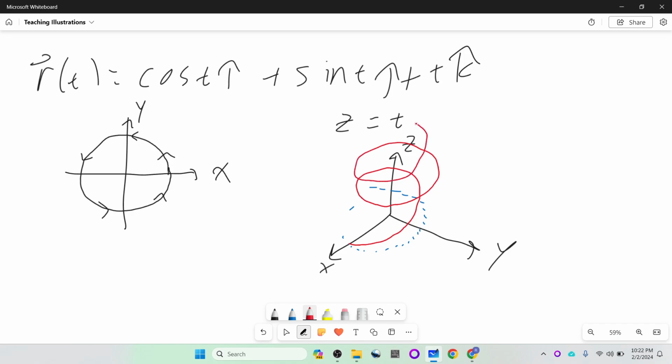My drawing is not perfect, but ideally each one would be exactly above the one below it. So if you were watching from above, you would just see it going along this circle over and over again. But if you're watching from the side, you can see it's actually going upward as time goes by. And if you could go back in time, it would even go down below, still pointed upwards.